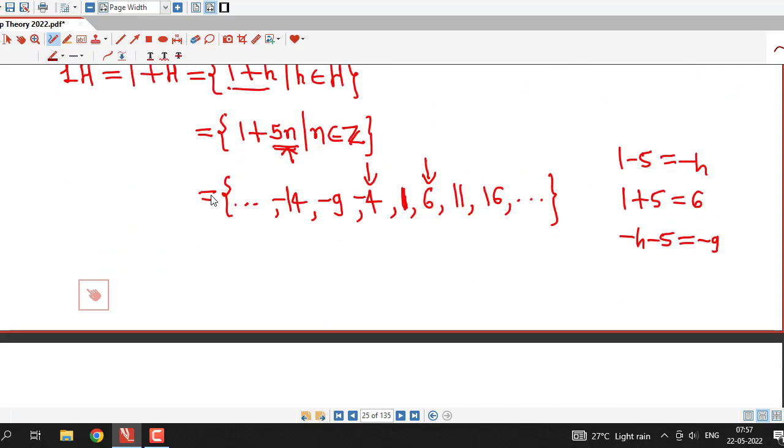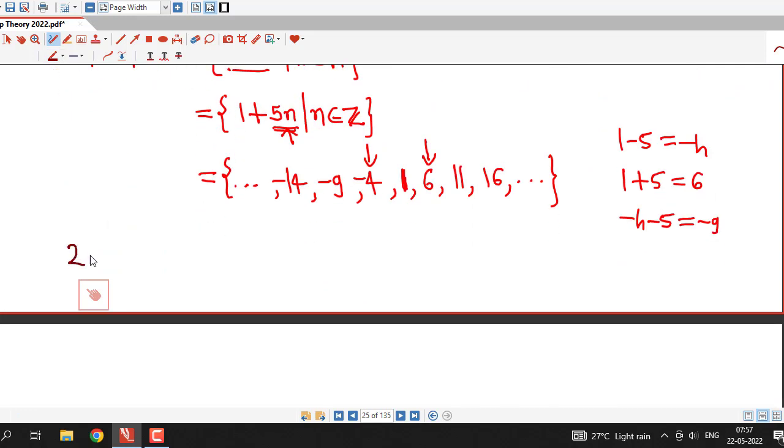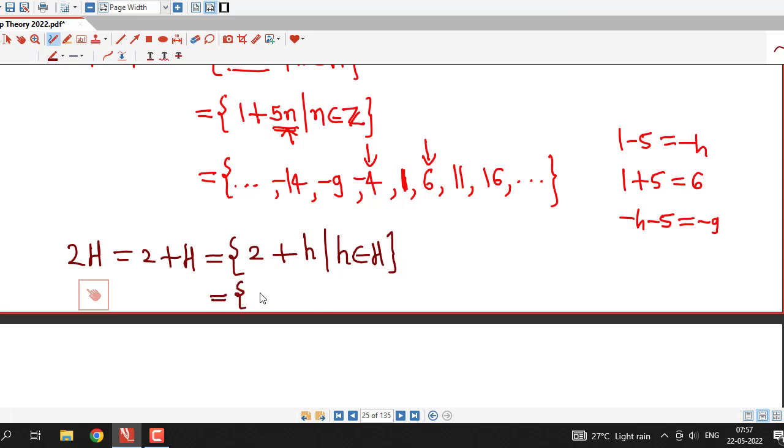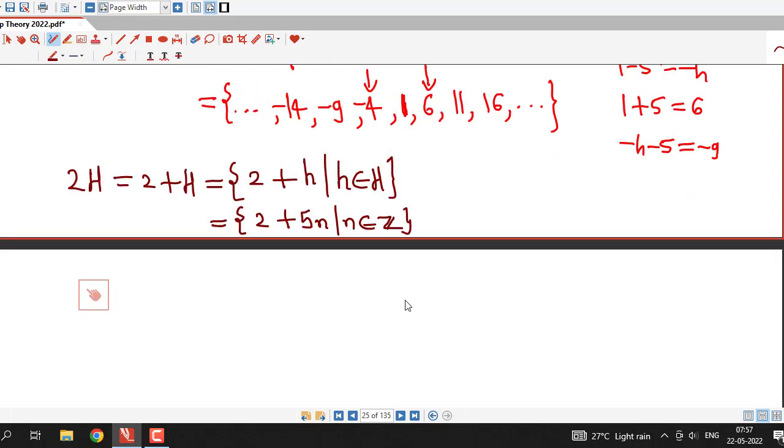Now we find the coset corresponding to element 2. So now I am writing 2H, that is 2 plus h. So here elements will be 2 plus h, where h is a member of subgroup H. Now members of subgroup H are multiples of 5, so here we write 5n, n is any integer.